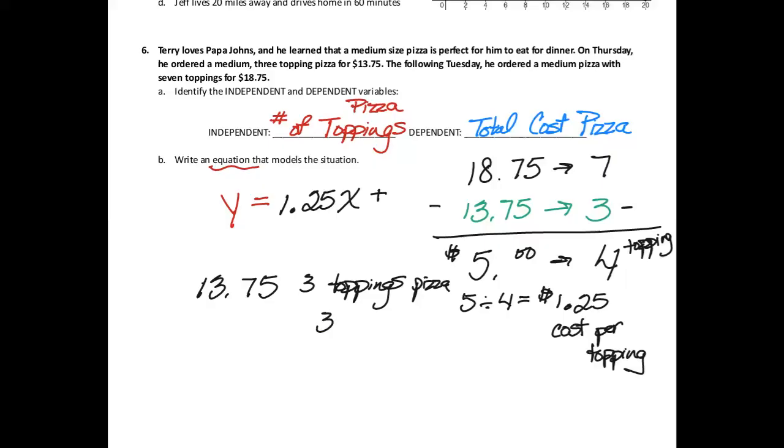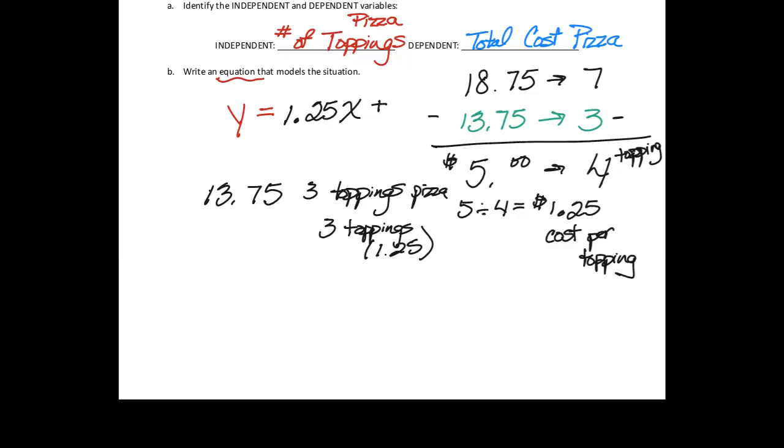This is the 3 toppings themselves, $1.25 each. What do we know? Osmond? When we subtract the $13.75 minus $3.75, that's for 3 toppings. Yes. So 3 toppings cost $1.25 each.